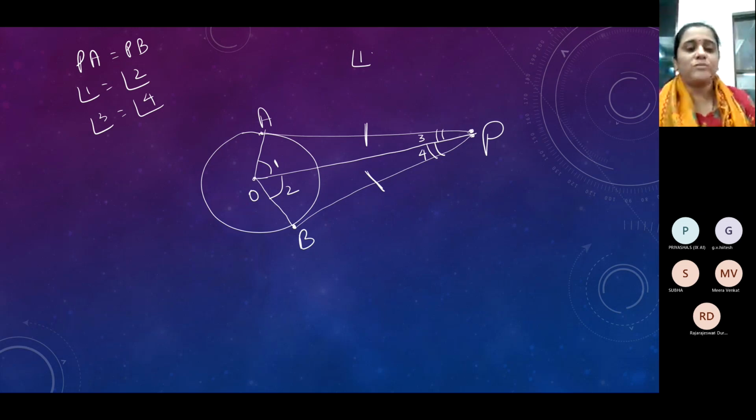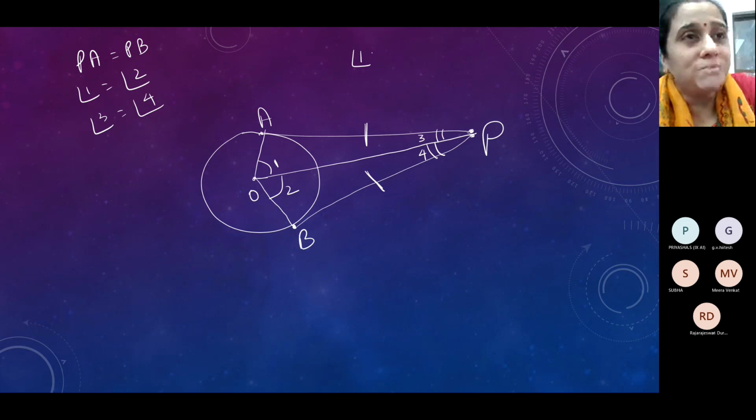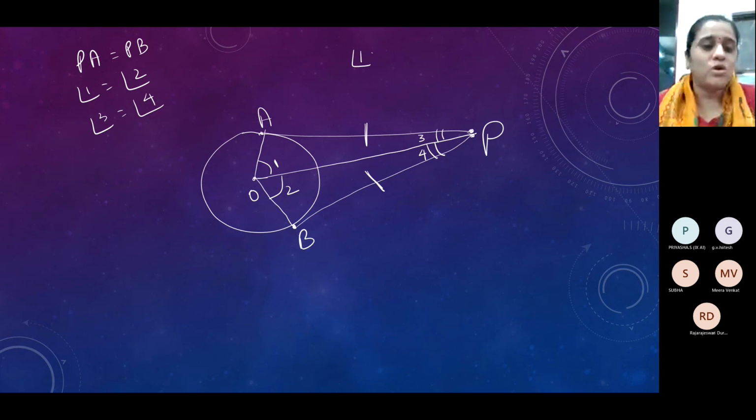Now, how do we describe angle 1 and angle 2? Angle 1 is the angle subtended by the tangent segment PA at the center.